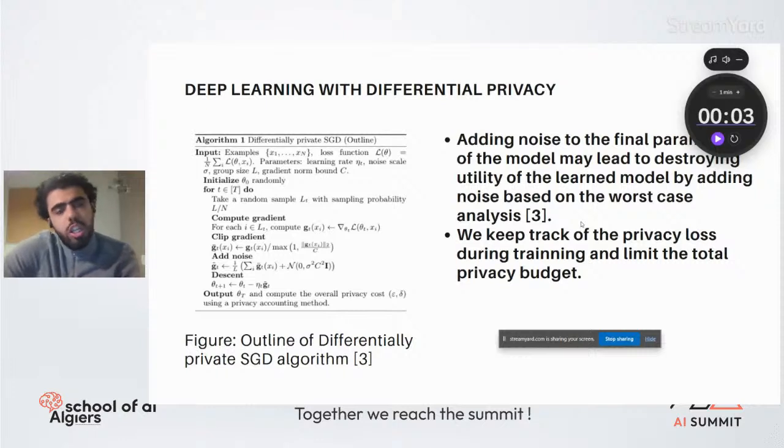We should have a certain privacy budget that the model cannot exceed during its training. At the end, we publish a model, and we will know which values of delta and epsilon of differential privacy this model holds, so which level of privacy guarantee this model has.